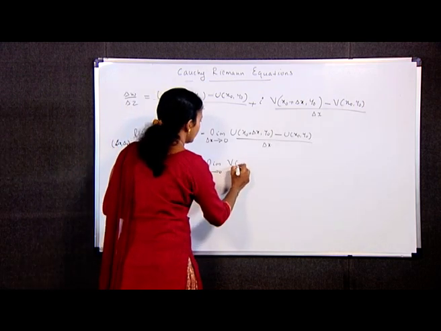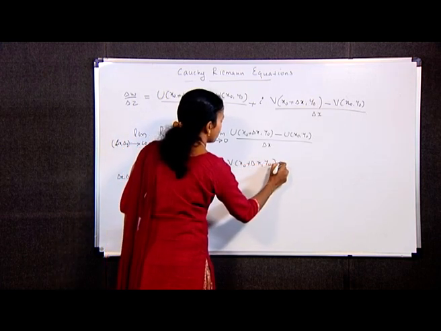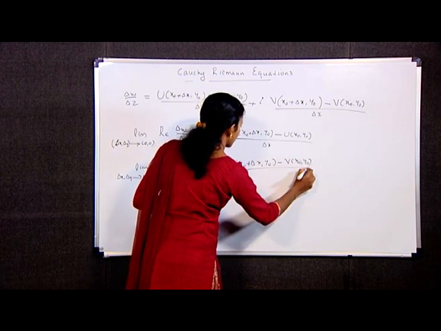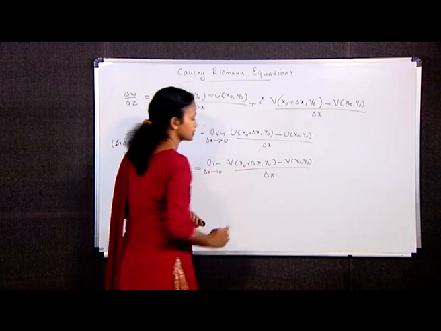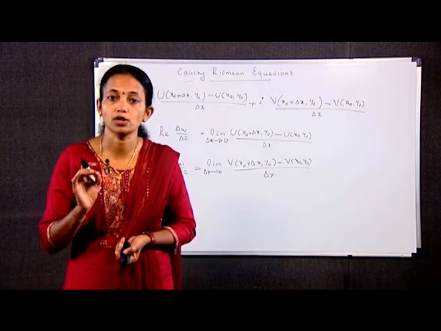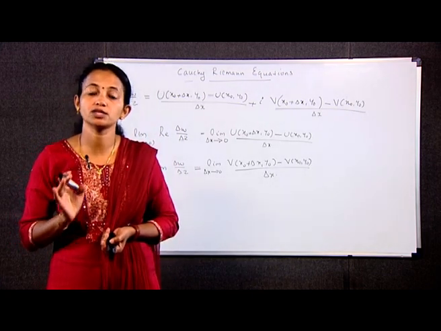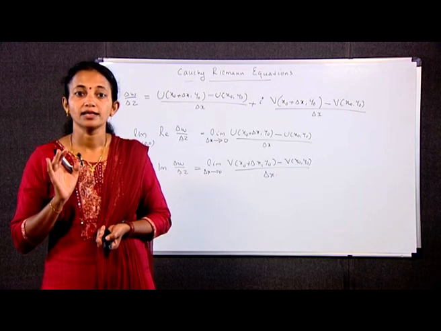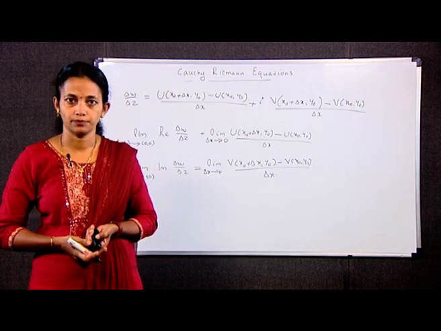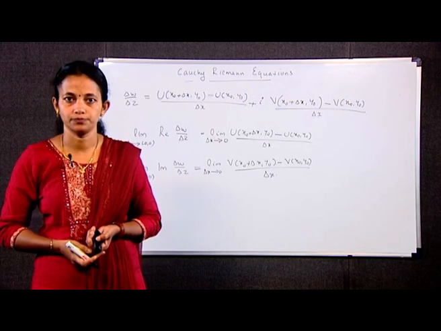So we have v(x naught plus delta x, y naught) minus v(x naught, y naught) by delta x, which is equal to v_x(x naught, y naught), where u_x(x naught, y naught) and v_x(x naught, y naught) denote the first order partial derivatives with respect to x of the functions u and v respectively at (x naught, y naught).